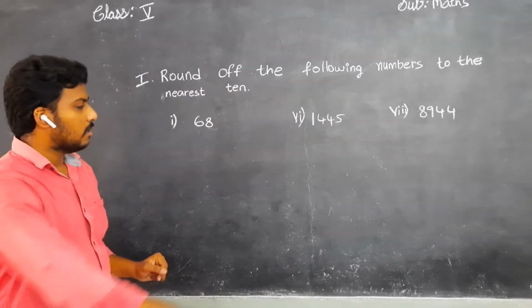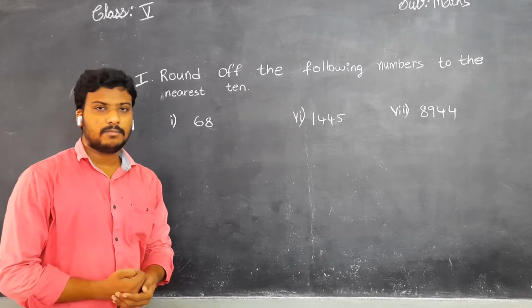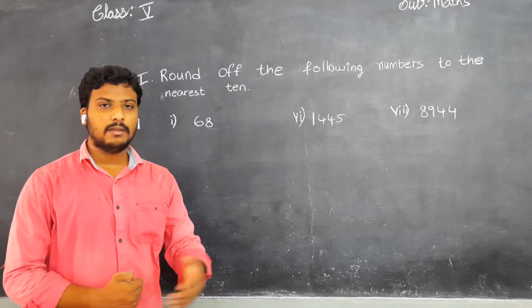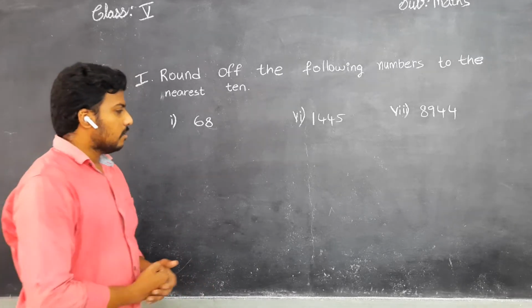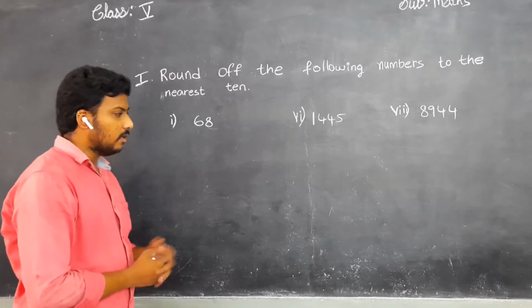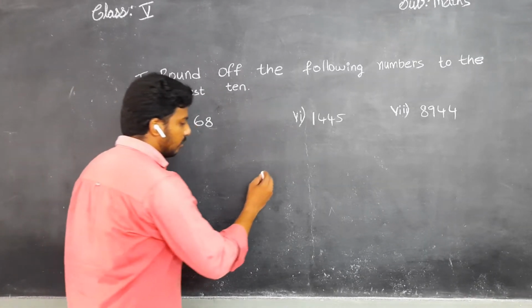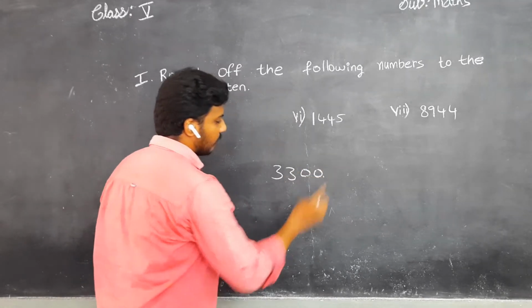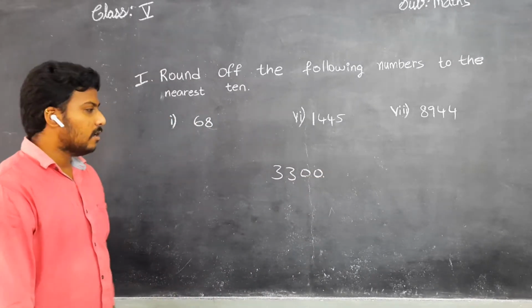Children, you need to buy a bicycle. You go along with your father to buy a bicycle. When you ask the shopkeeper the price of the bicycle, the shopkeeper says it is 3,300.